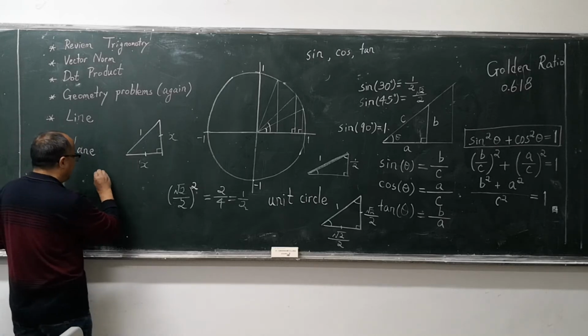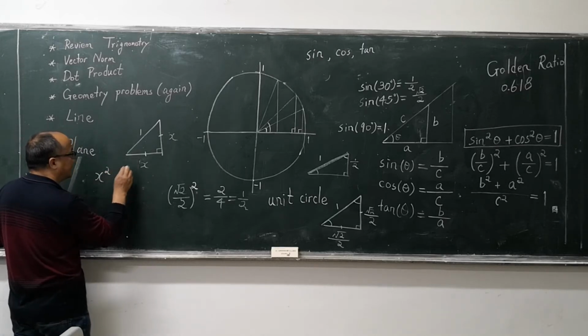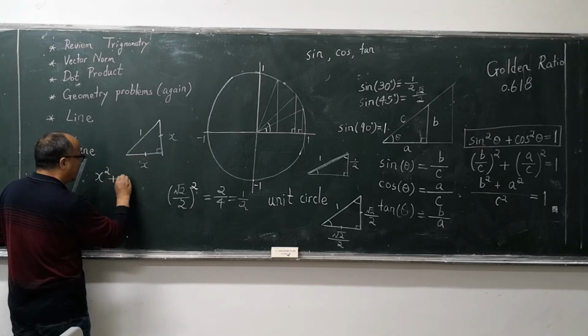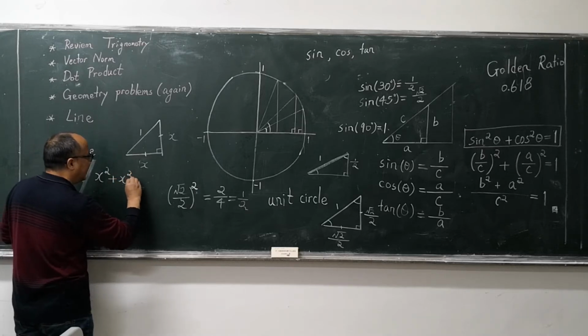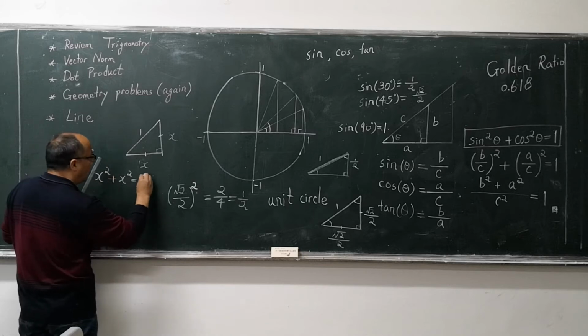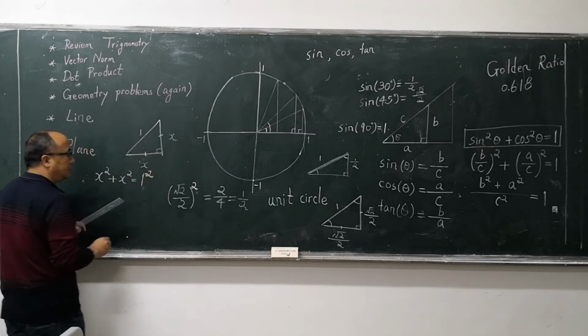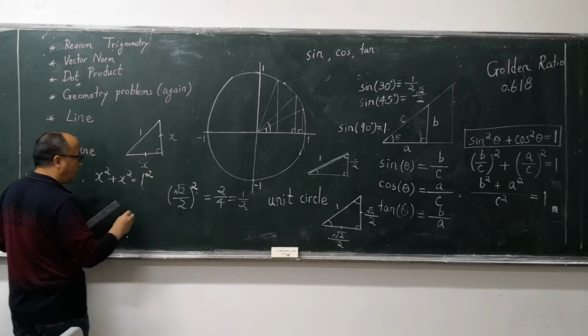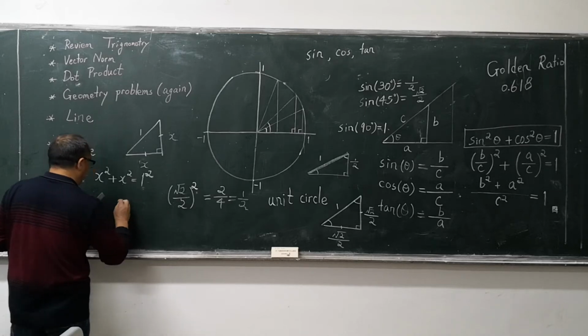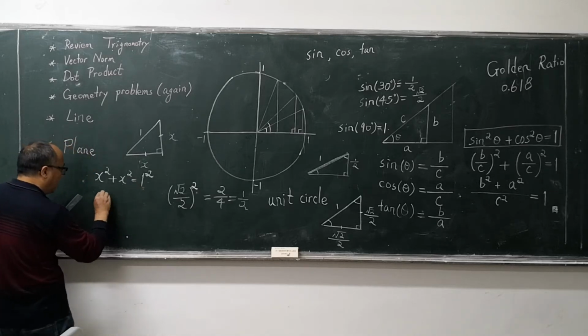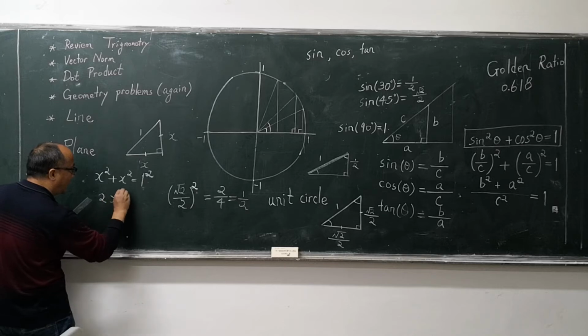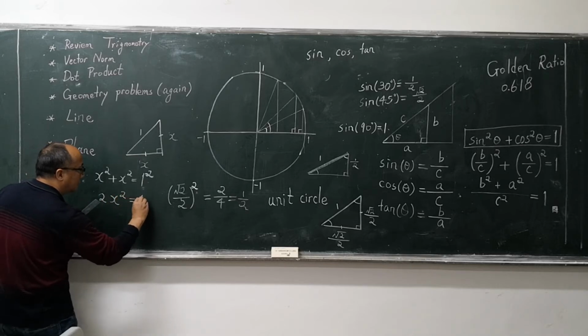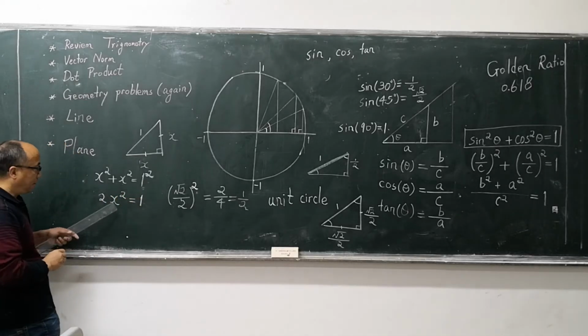So by Pythagorean, x squared plus x squared equals 1 squared, equals 1. So 2x squared equals 1.